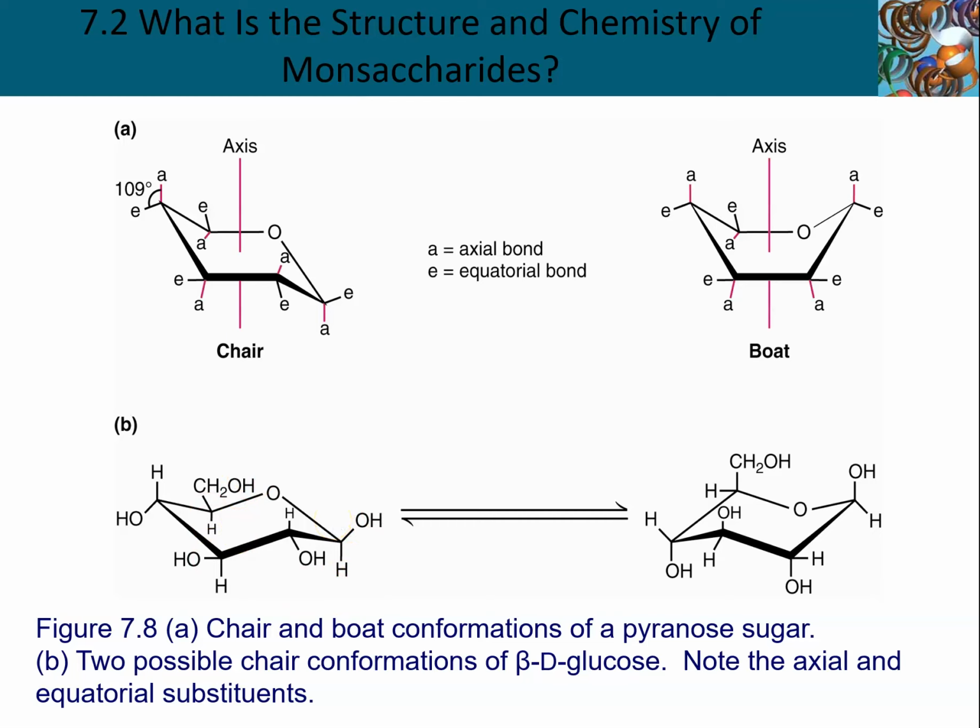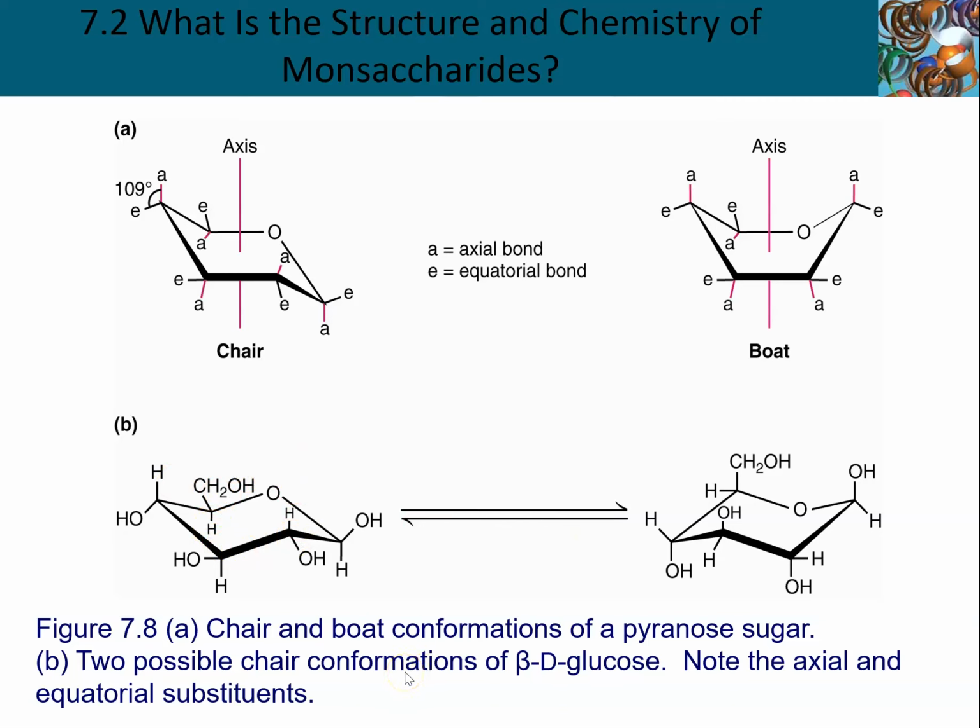And so because of this, we know overwhelmingly that the version over on the left is highly favored in equilibrium. So if you were asked to draw the favored version or the biologically predominant version of beta-D-glucose, you'd be drawing the one on the left. Even though the one on the right can exist, it overwhelmingly is not favored compared to the one on the left.